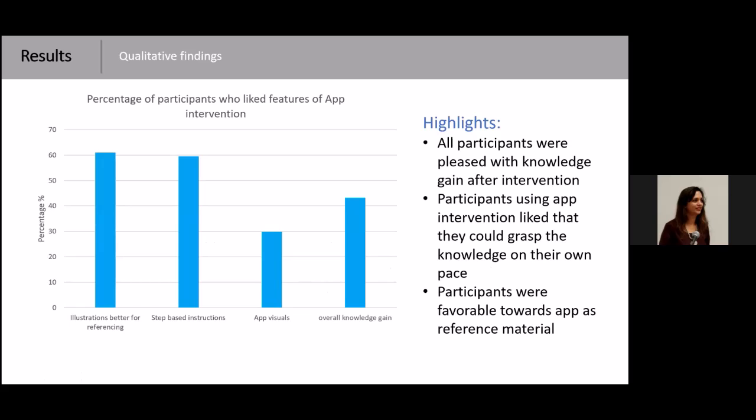If I want to remember something, or I want to know something, or I'm explaining some information to some mother, then it's good that I have an app as a reference rather than video. This is what they thought. They thought that illustrations are better for referencing. They liked step-based instructions, they liked visuals, and they thought there was some overall knowledge gain.